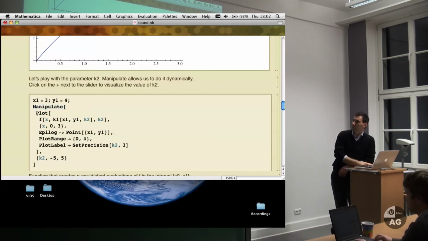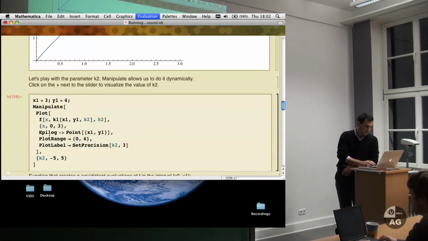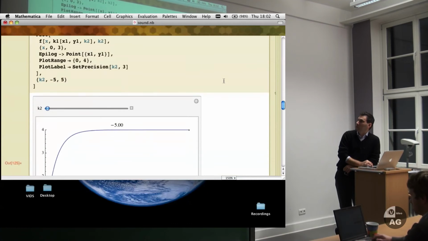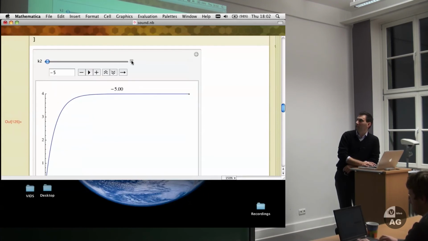So now I have all of the above, but notice that K2 is free, it's not bound to anything. And instead, K2 is bound to an iterator. When I evaluate this, it takes a little while. Now I have the plot and the slider. The slider comes from the manipulate, okay?